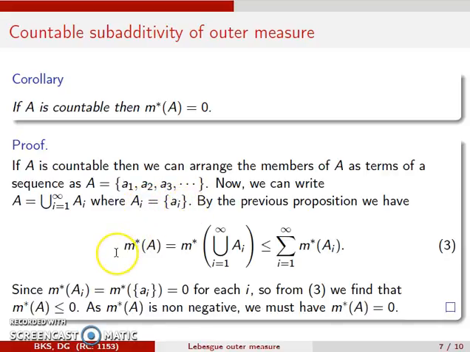Now by countable subadditivity, m star of A is equal to m star of the union of these {a_i}, and this is less than or equal to the sum of m star of {a_i}. And because these are singleton sets, their outer measure is 0. So m star of A is non-positive. But m star of A is already non-negative, so we must have m star of A equal to 0.